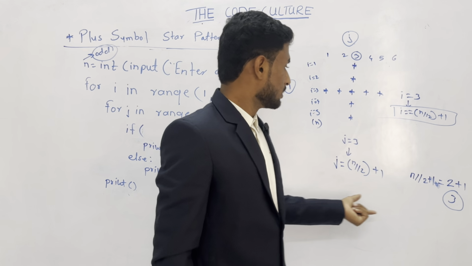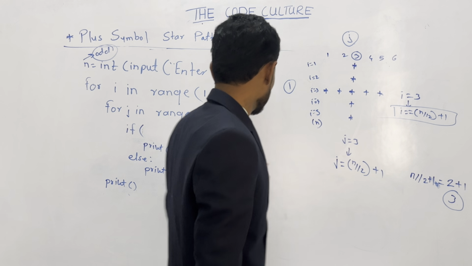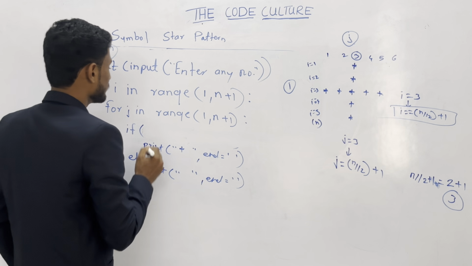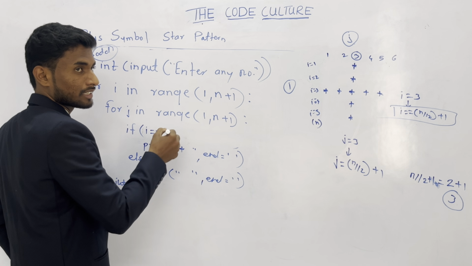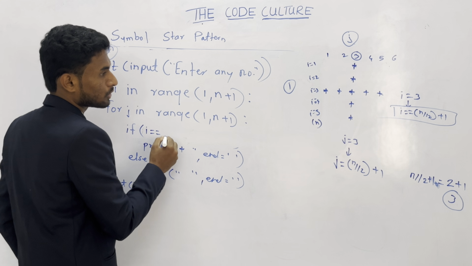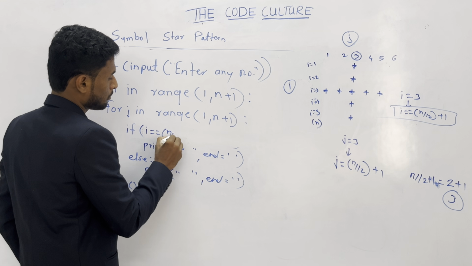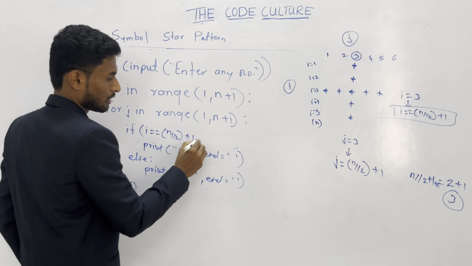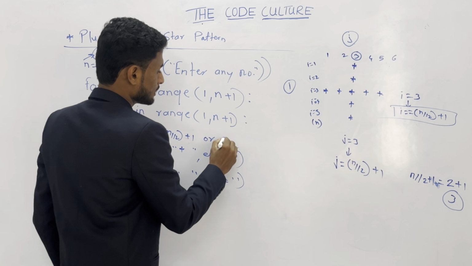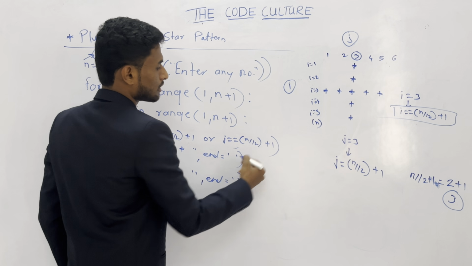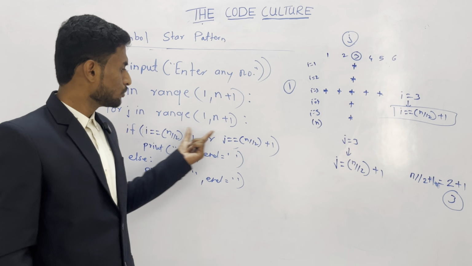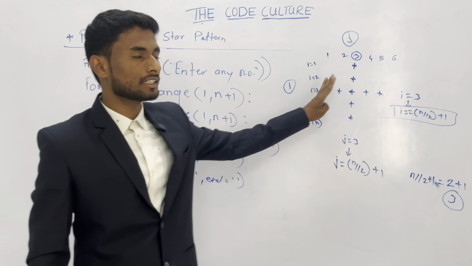So put these equations in our conditional form. i equals n floor division 2 plus 1, or the second equation, j equals n floor division 2 plus 1. Just by writing these two equations, I can directly print this.